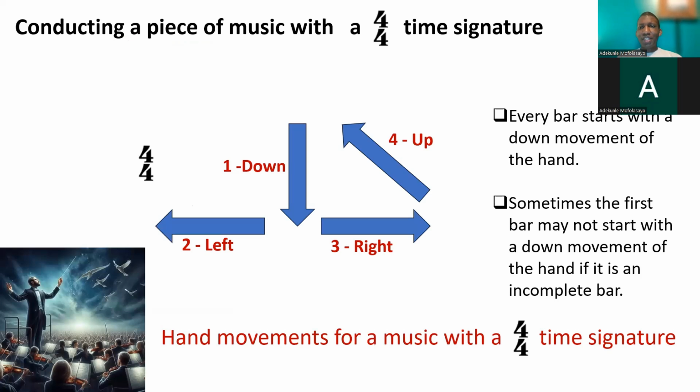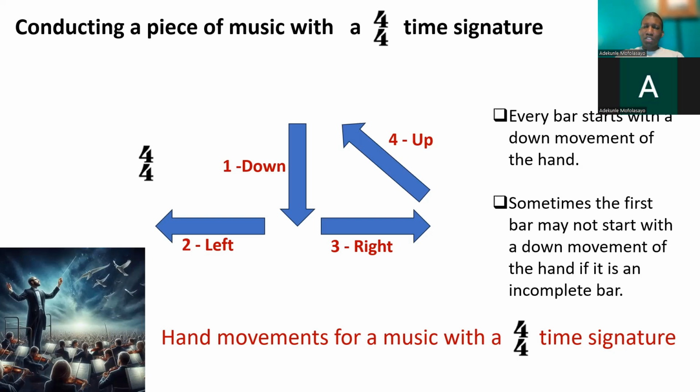Now, if you look at the screen here, you will see that we have different hand positions. The arrow coming down signifies that your hand comes from up and comes down. The arrow turning left means that your hand turns to the left side. The arrow turning right means your hand goes to the right side.